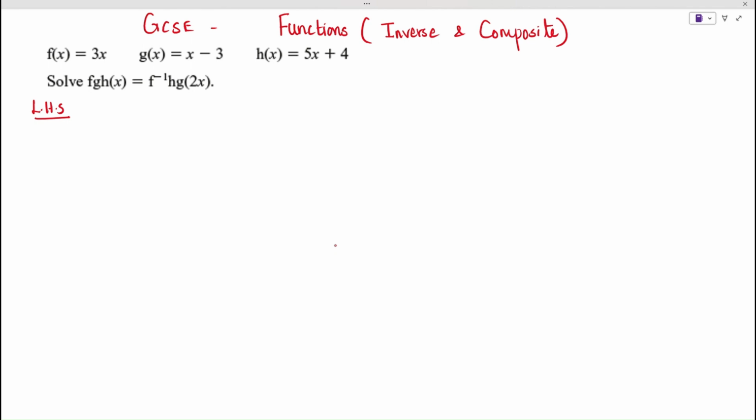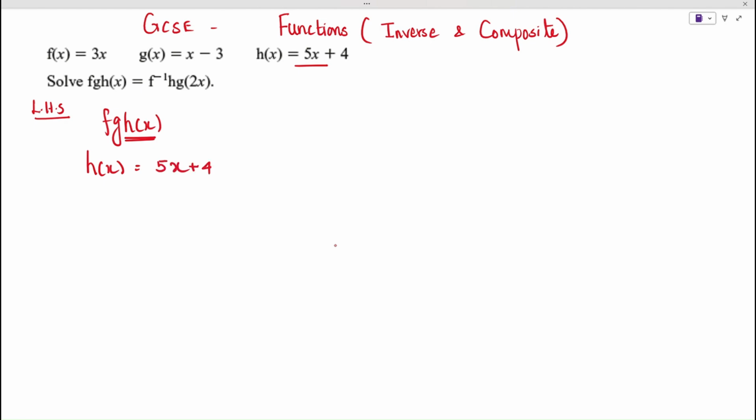With composite functions, you would have learned that you read them from right to left. And so what we're going to do first is we're going to find h of x. So h of x here is equal to 5x plus 4. Now the next letter from right to left is g.